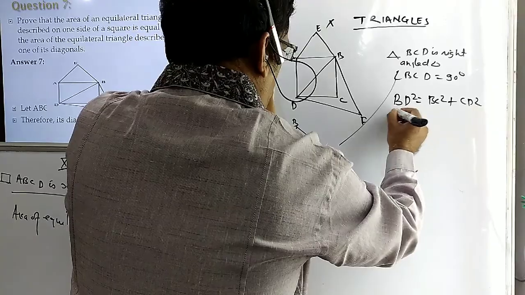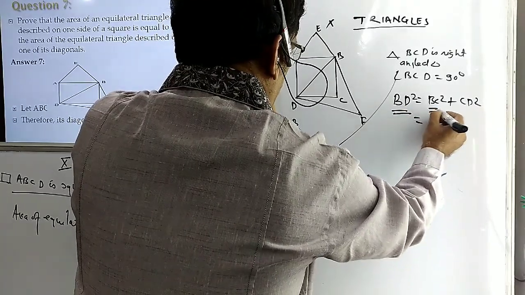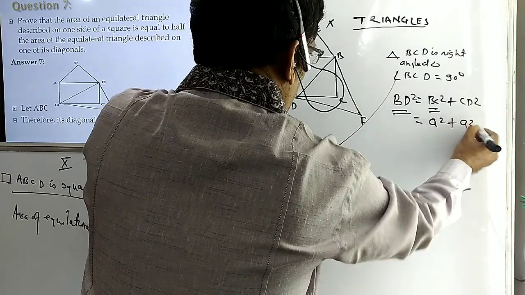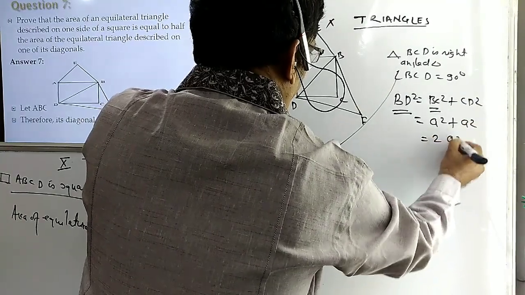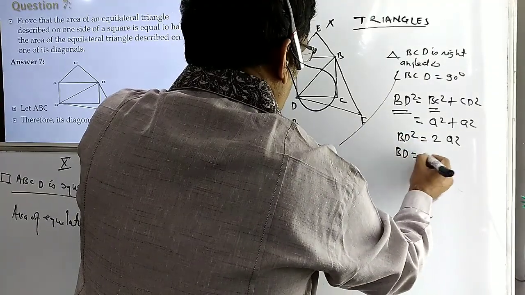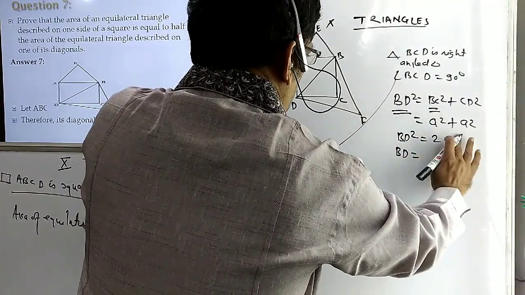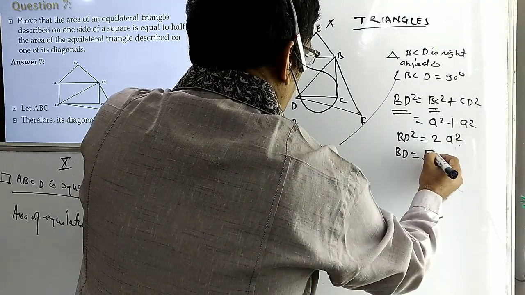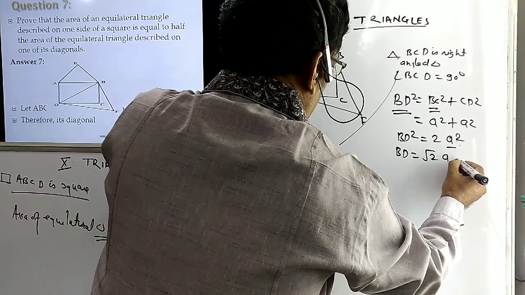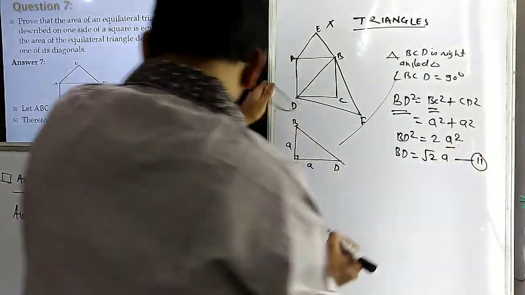BC is A, so A square, and this is also A square, means it is 2A square. So BD square equals 2A square, means BD equals the square root of 2A square, which is root 2 times A. That is the second equation.